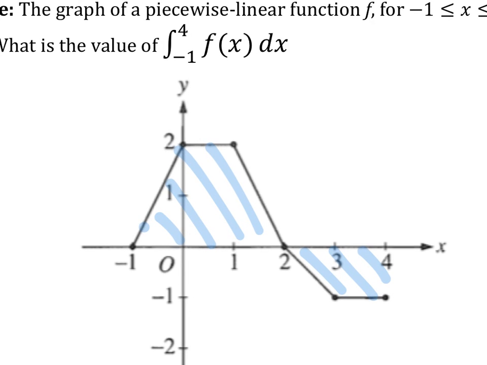Find the trapezoid, then find the other trapezoid, and then subtract. Or mentally just start adding and subtracting areas. This is positive, this is negative. Answer? 2.5.